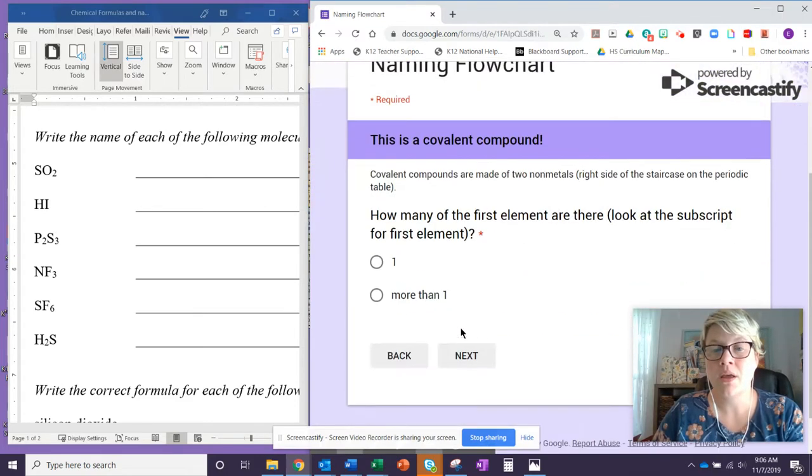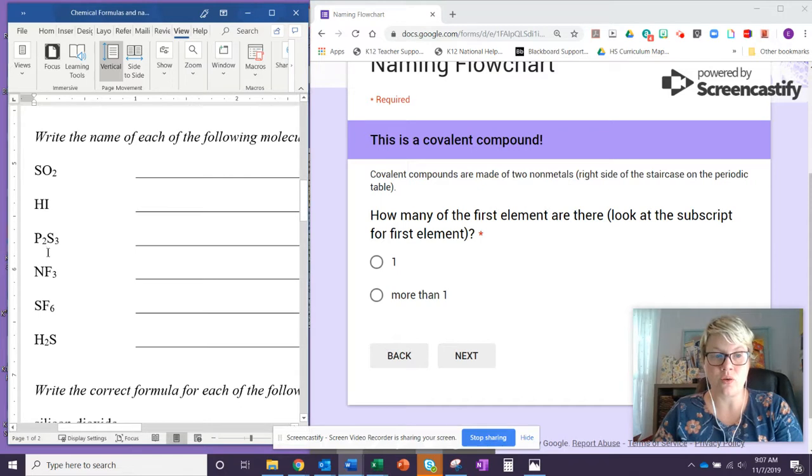So we keep going. This is a covalent compound! Okay. So covalent compounds are made of two nonmetals on the right side of that staircase in the periodic table. And how many of the first element are there? Look at the subscript for the first element. Our first element is P, and the subscript there is a 2. So we've got more than one P in that compound.